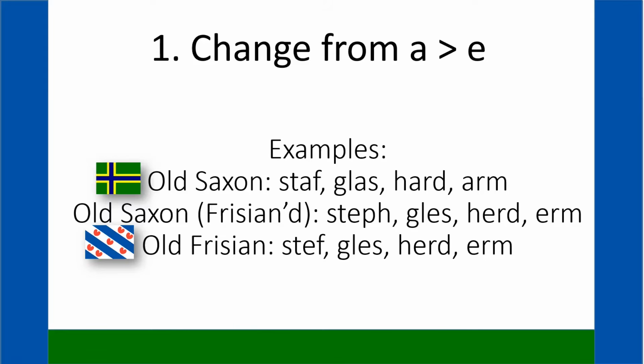In the Frisianized Saxon, we have stef, gles, herd, and erm. And Old Frisian proper, stef, gles, herd, erm. Interestingly enough, in the Old Saxon that has been Frisianized, in the word stef, the F sound is represented by a PH, which is really interesting in and of itself.